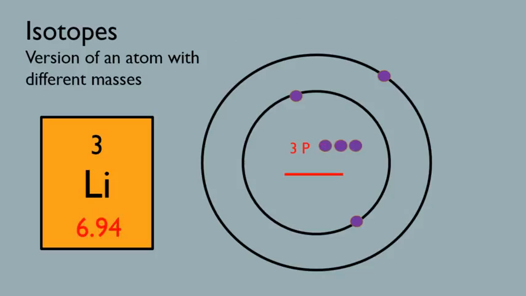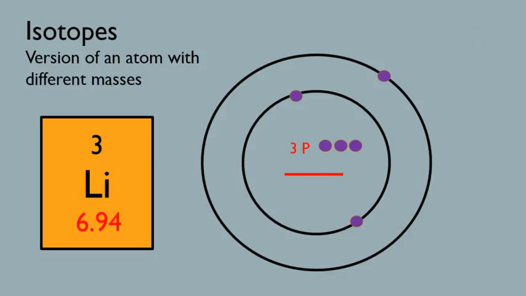So again, the most common one would be lithium-7, where it has 3 protons, 4 neutrons, and has a mass of 7. And we would write that Li-7. There are other ways to identify isotopes, but this is probably the way that you'll see it in your text.